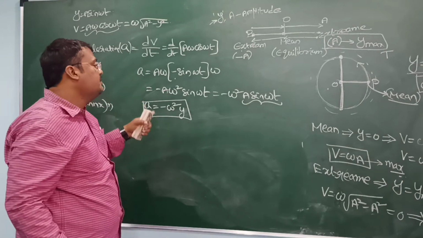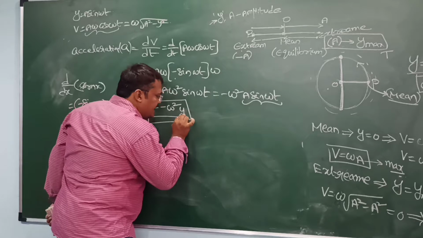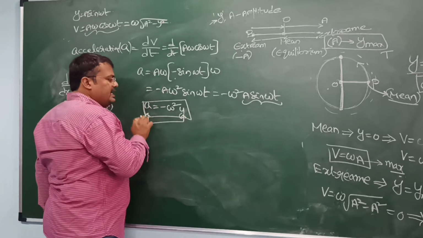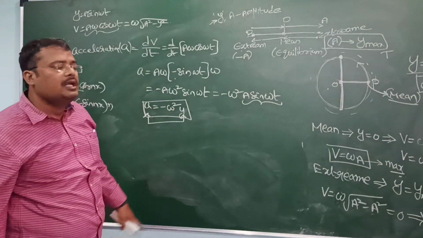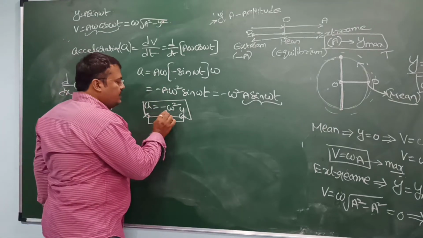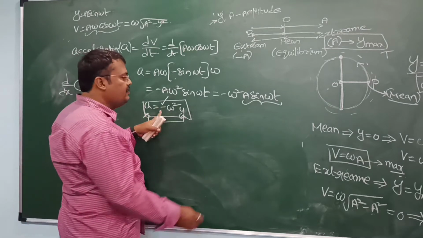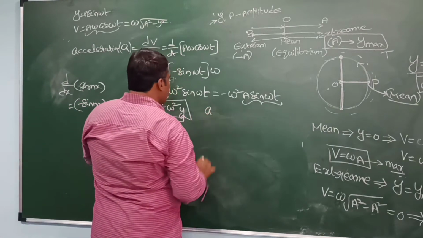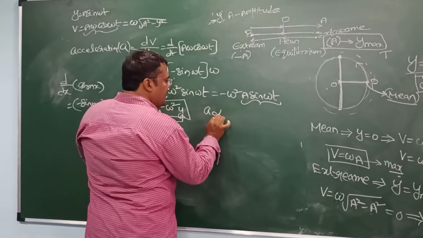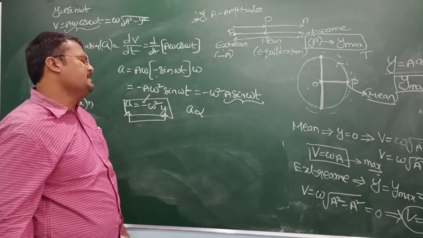This gives the relation between the acceleration and displacement of a particle. Now what does the minus represent? The negative sign represents that the acceleration always acts in the opposite direction of the displacement of the particle.